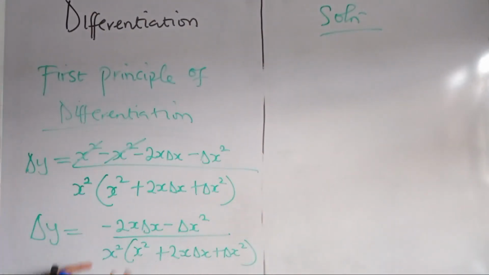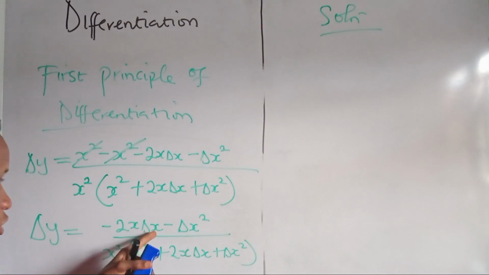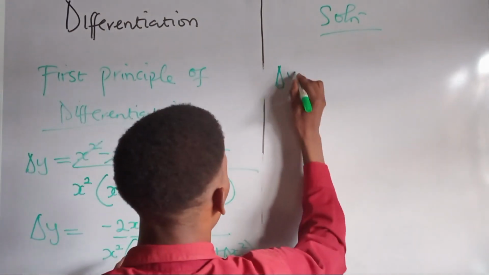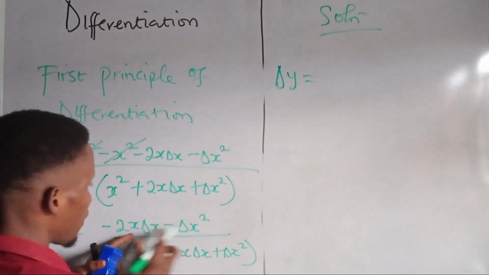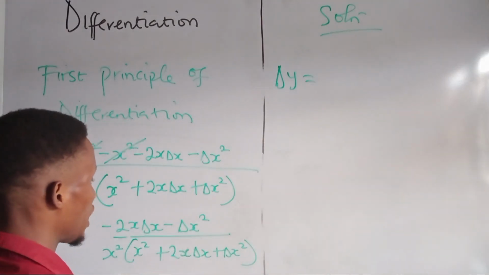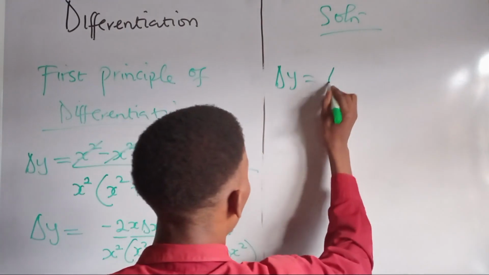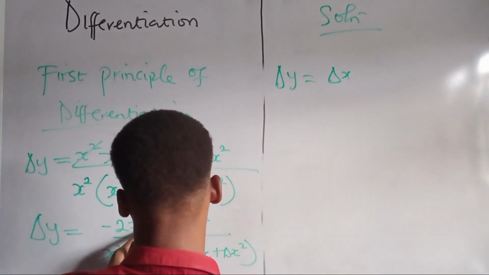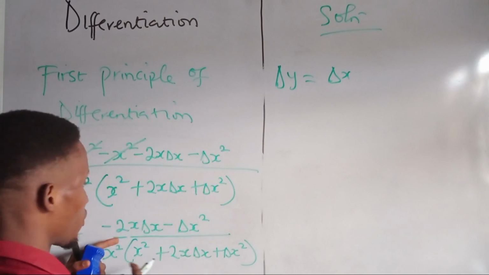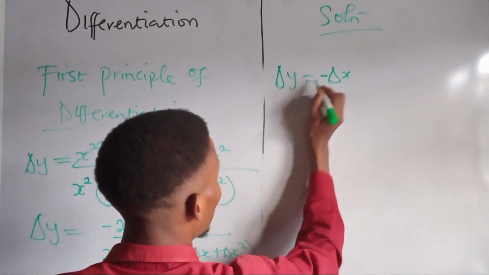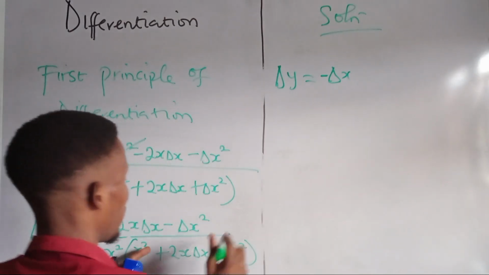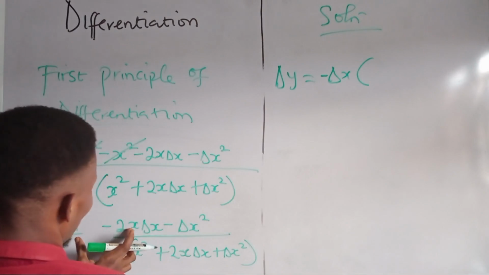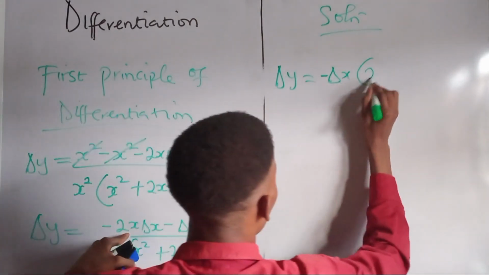We have reached this point, so we can collect like terms from the numerator. We have change in y is equal to, so what do they have in common? They have change in s in common. Can I write change in x? That's what they have in common. They have minus change in s in common. Okay, so bracket. Now it will remain this, which is 2x.